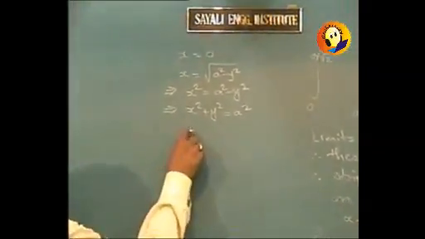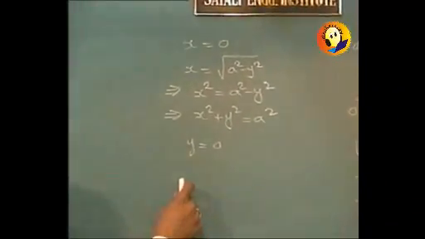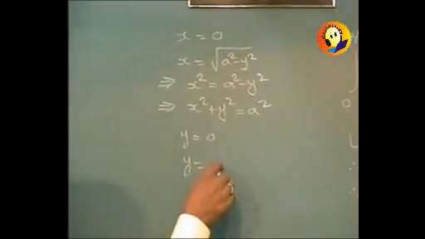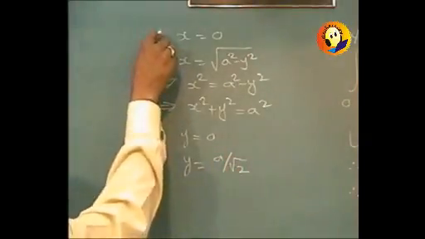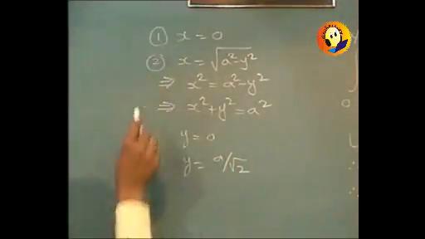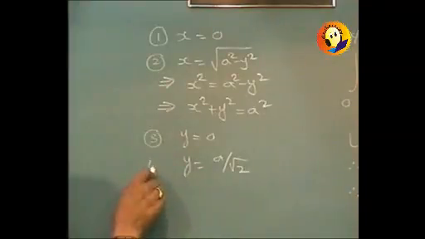Then the curve y equal to 0, that is a straight line, the x-axis, and the curve y equal to a upon root 2, which is again a straight line parallel to x-axis. So there are 4 boundaries to this particular region. Let us draw that circle first.